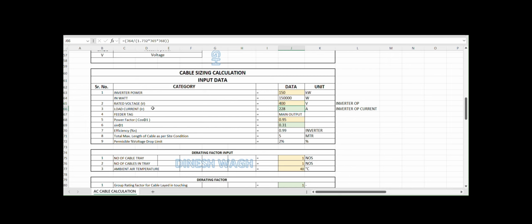Load current. This load current I have calculated manually, which is total watt divided by root 3 into voltage into power factor. Here I am considering the power factor as 0.95.